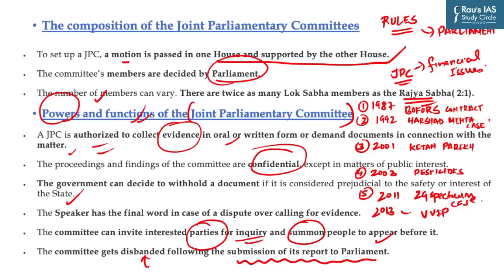So in the past, we have seen evidence of the formation of Joint Parliamentary Committees whenever the financial security of the state has been threatened or a matter of urgent and important public importance has been brought in. With this, we have seen the nature of the Joint Parliamentary Committee, how it is formed, the composition, the powers and functions that have been provided to it, and the present demand for the same.